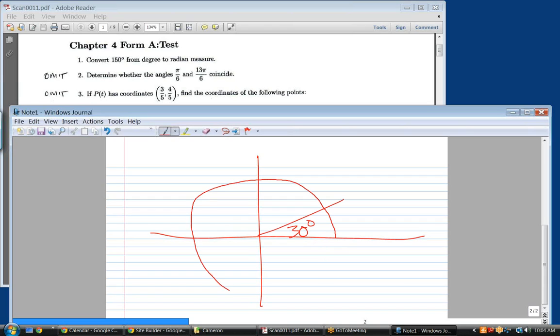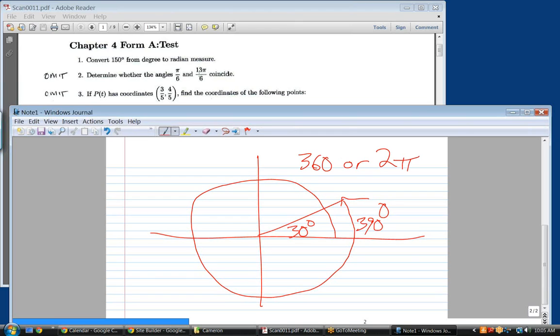If I go around 390 degrees, that gives me the same angle. So we're looking for multiples of 360 degrees or 2 pi.